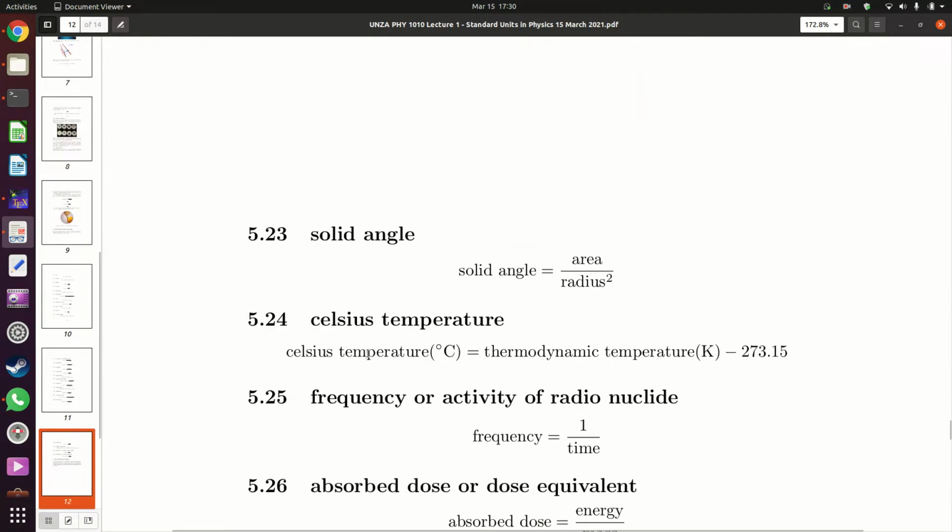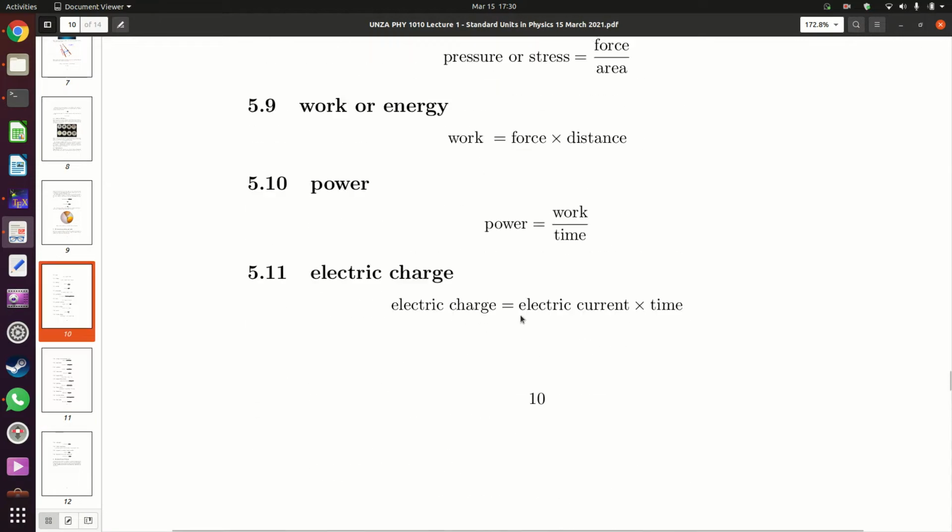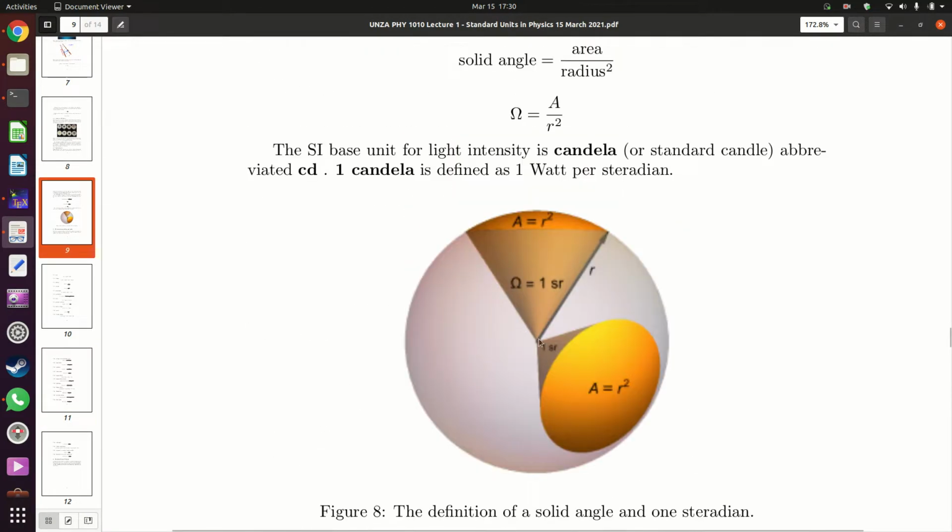Then of course there is our solid angle. Solid angle is the area on which a source of light or whatever it is falls, an area divided by the radius from that area to the center of whatever surface is making up that thing. Like in this case, where we're working out solid angle.